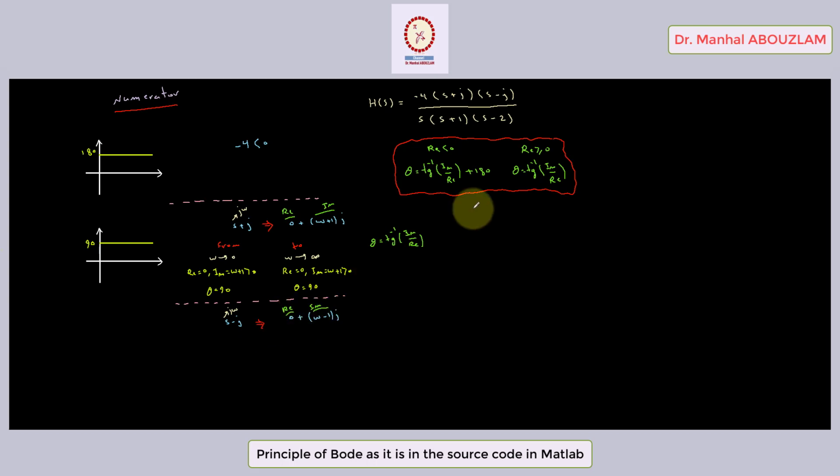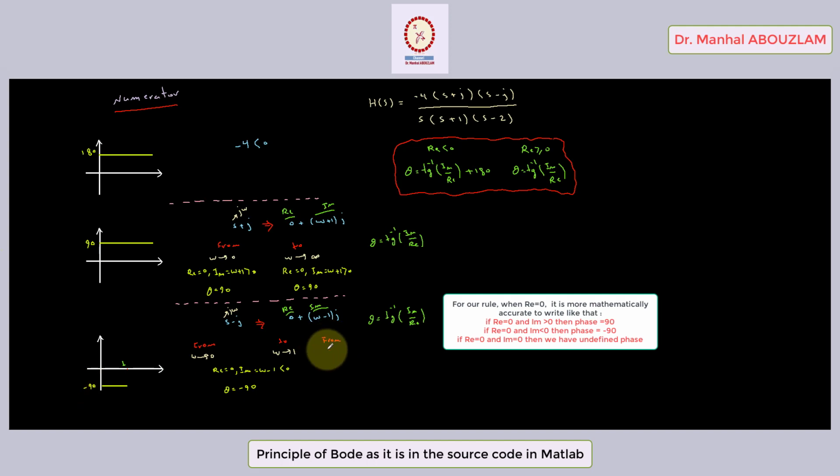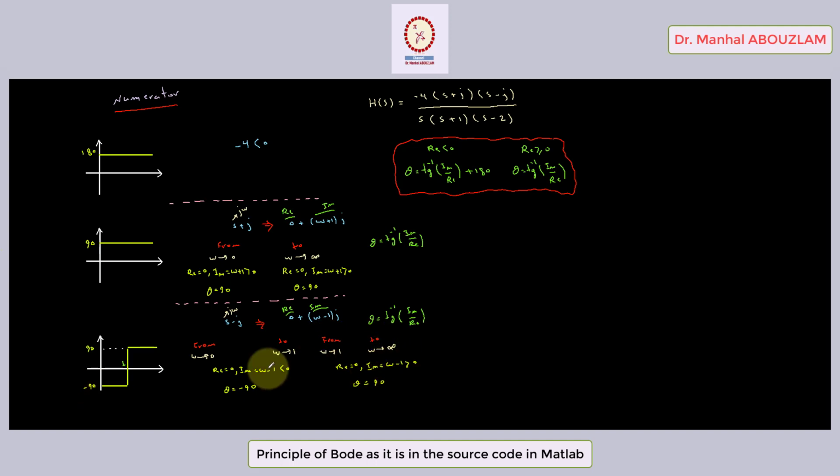So the phase is equal to the inverse tangent of the imaginary part over the real part. We can observe here that for the frequency from 0 to 1, the corresponding phase is equal to negative 90. But for the frequency from 1 to infinity, the corresponding phase is equal to 90.